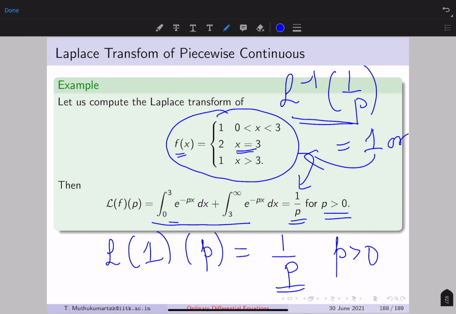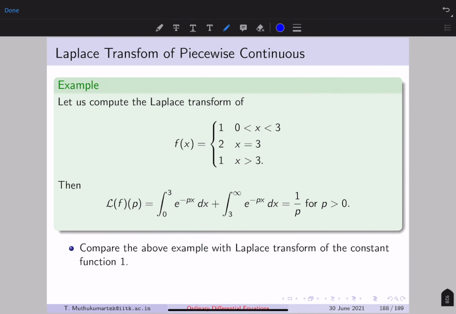So the idea behind this example is to tell you that two different functions can have the same Laplace transform, which basically means the inverse Laplace transform is usually not well defined.